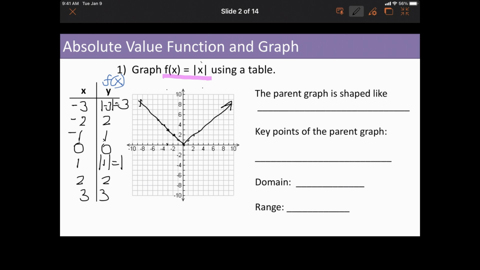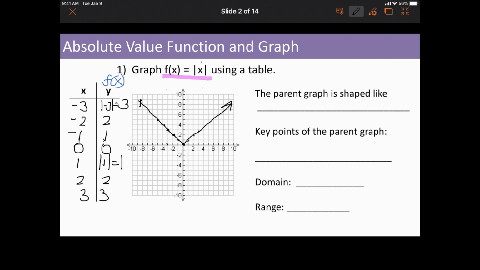Okay. So the parent graph, and we call this the parent graph because all absolute value functions will have this shape. It may be moved left, it may be moved right, it may get skinnier or fatter, but it has this shape.